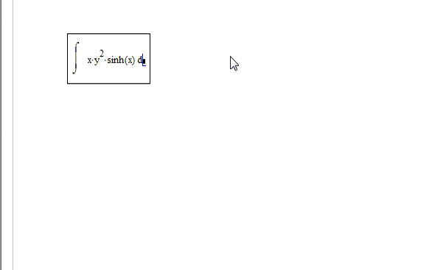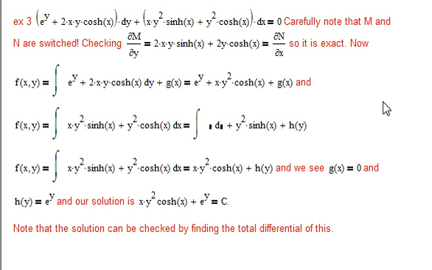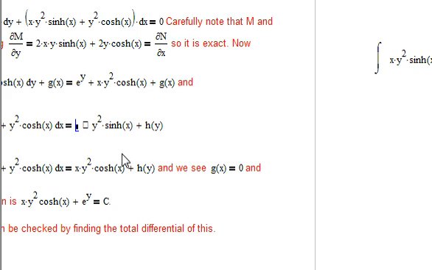This was with respect to x, so we should get what I hoped we would get. Y squared times x cosh x minus y squared times sinh of x, right? If you see that, I think you can see, I didn't mean to do that part there. Whoops, that was an accident.